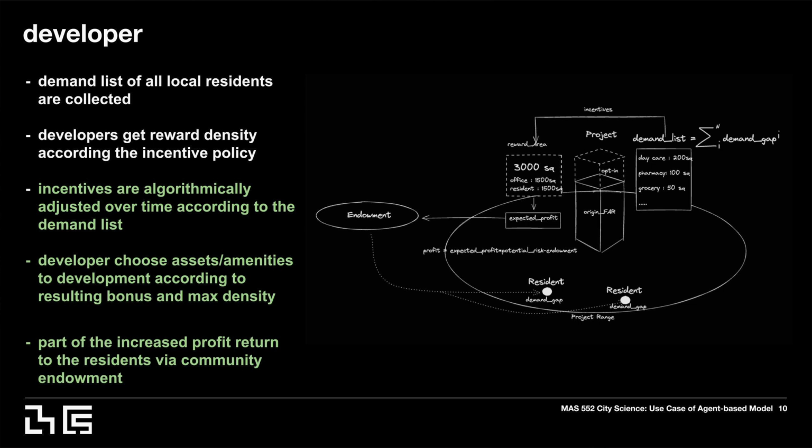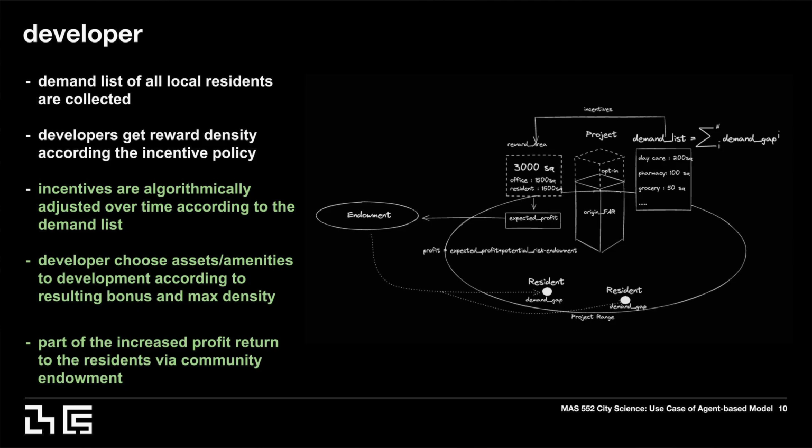For the developer, we have a demand list of all local residents connected to each project, and the developer can get reward density according to the incentive policy. Different incentives are calculated over time according to the demand list. The developer can choose assets and amenities to develop according to the reward bonus and max density. And part of the increased profit is returned to the residents through the community endowment.